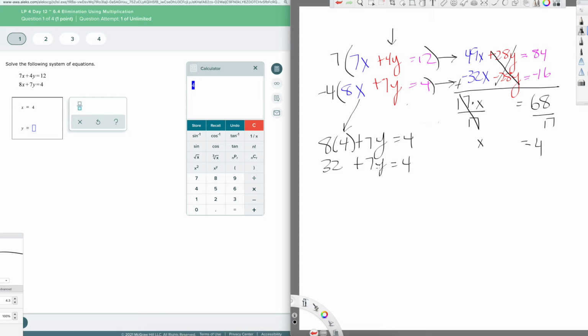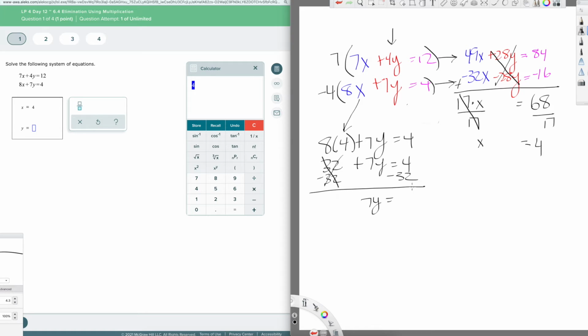Now I'm going to start solving. So I want to move the addition or subtraction first. I know this says plus 7, but it's plus 7 times y. So it's a positive 7 being multiplied by y. So this is a positive 32, so I'm going to subtract 32 from both sides. 32 minus 32 cancels. 7y equals 4 minus 32.